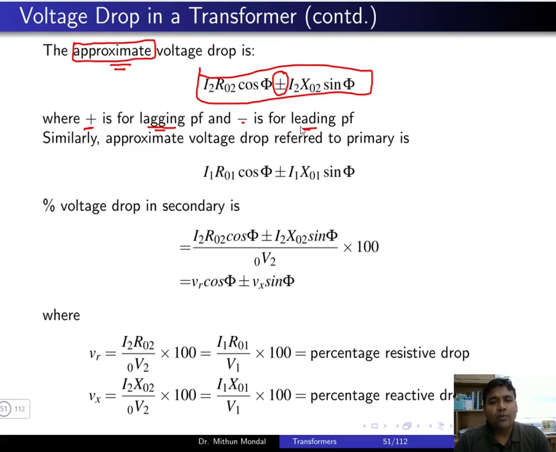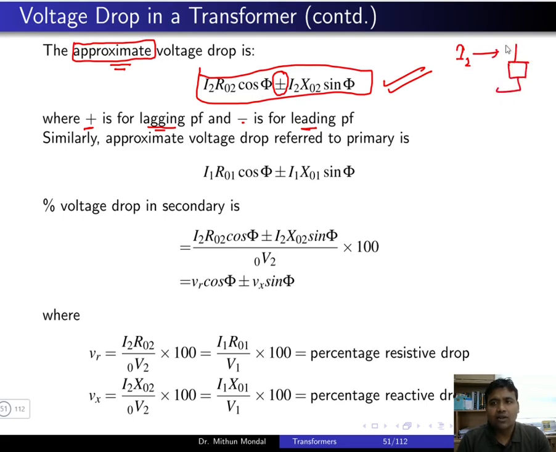Because for the lagging and leading power factor conditions, you have to draw the phasor diagram appropriately and try to find out. However, on obtaining the equations, we get this equation for the voltage drop. So I2 is basically the secondary current which is drawn by the load of the transformer.